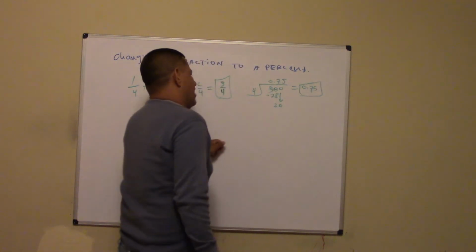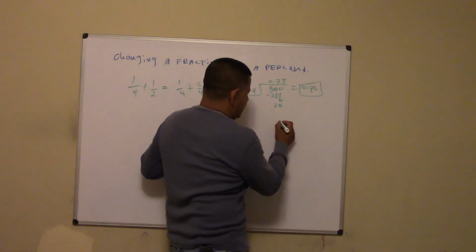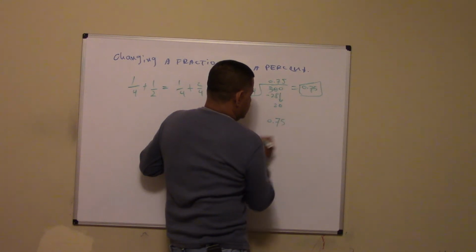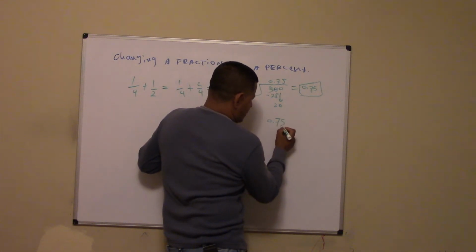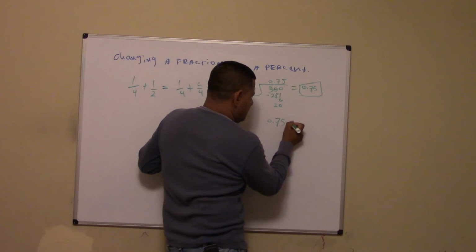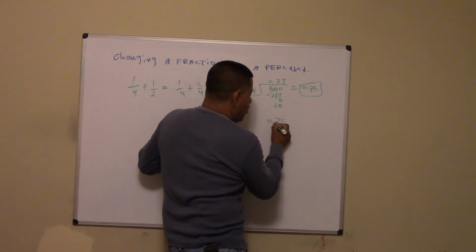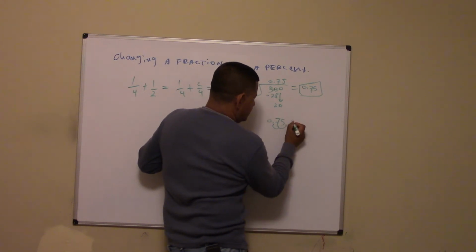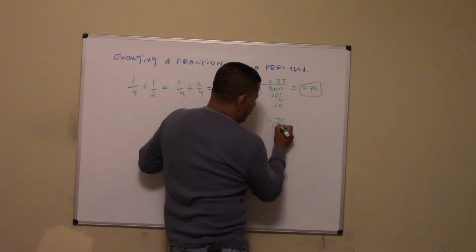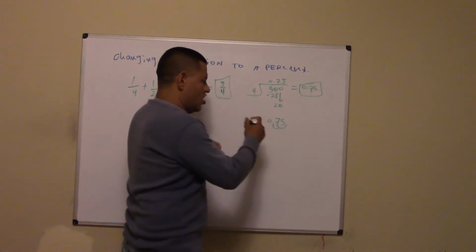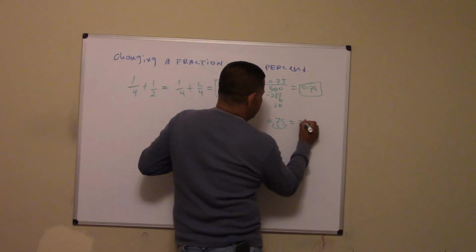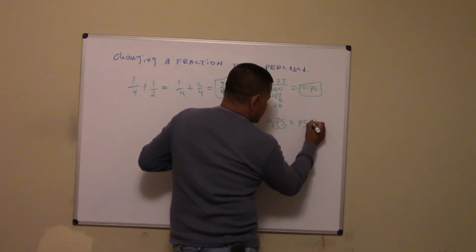Now what you do with that 0.75 is you can multiply by 100, or you can simply move the decimal point two places to the right and you do the same thing, right? Because 100 is two places. And then you get 75, okay, and then you add the percent sign, right?